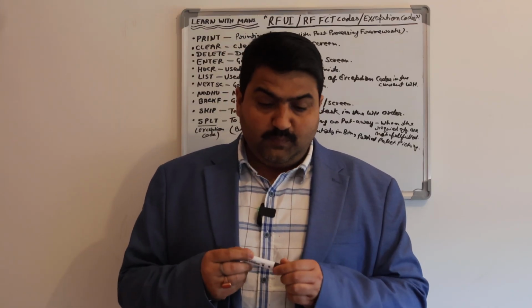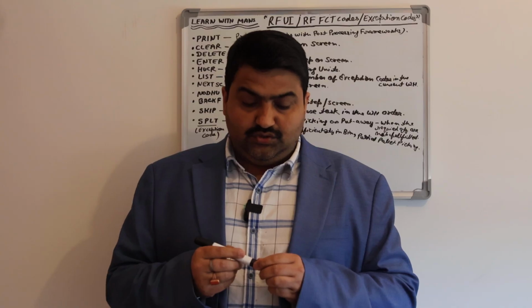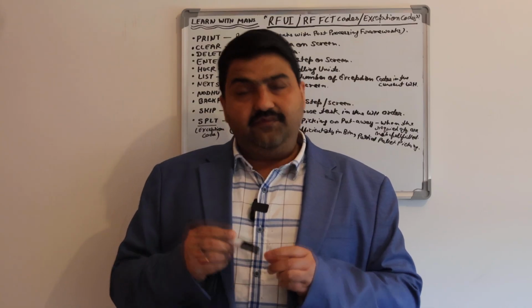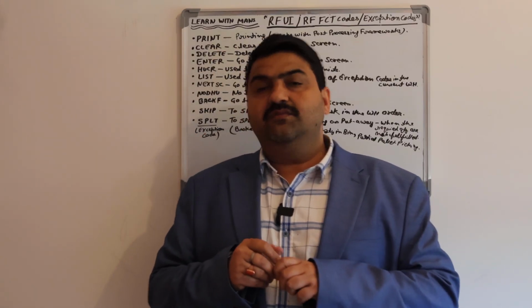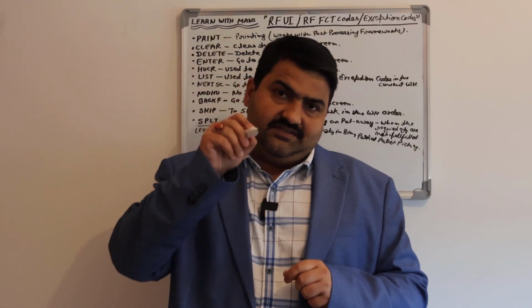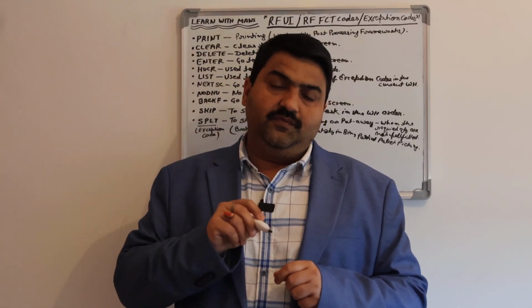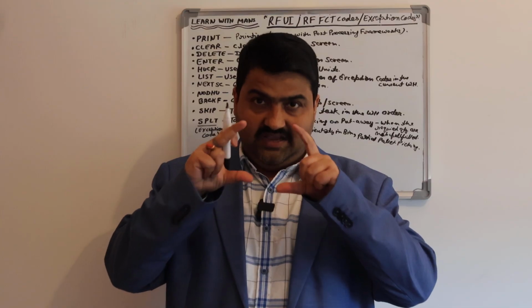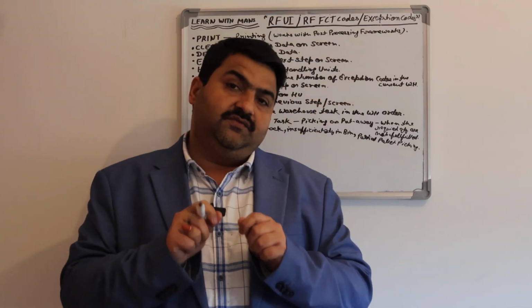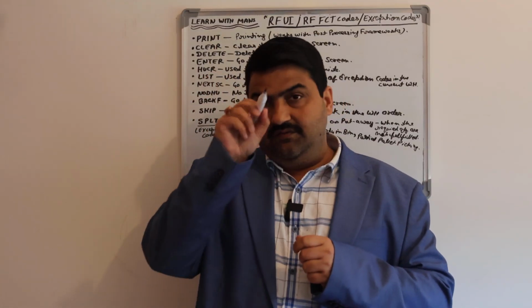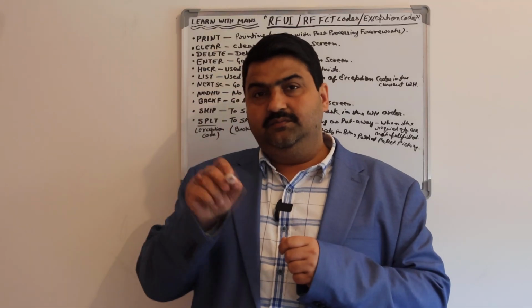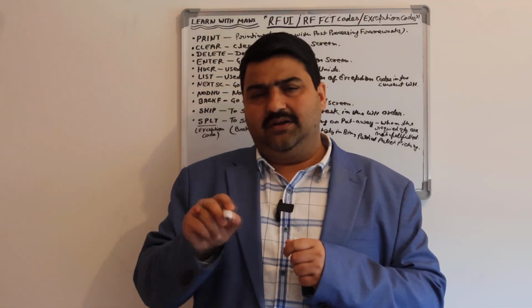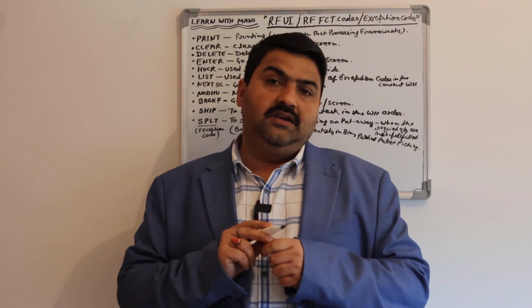So if we see a button, for example inbound, on RFUI or on RF devices, the actual physical devices which we use inside the warehouse, we have buttons like inbound, outbound, next, back.